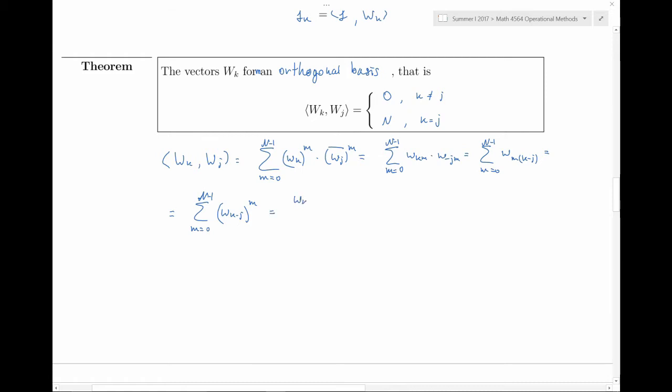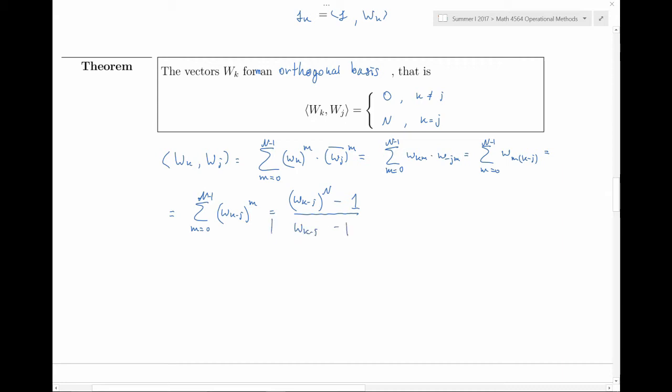This is w_{k-j} raised to the power n minus w_{k-j} raised to the power 0, which is going to be 1, divided by w_{k-j} minus 1.